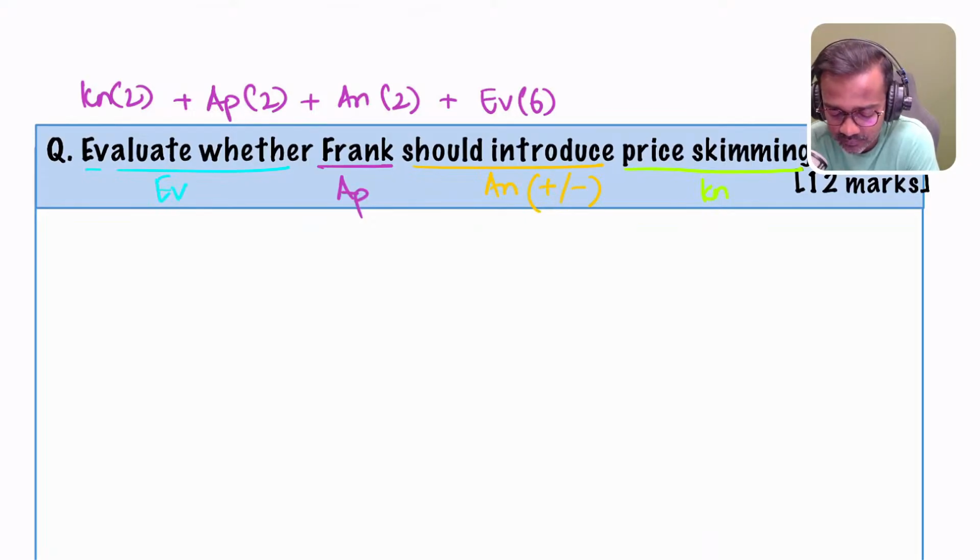Especially when you're answering, let's say, the last case study's 12 marker, you won't have a lot of time and you want to get your evaluation in there as well. So rather than waiting for the final paragraph for all the evaluation to come through, if you're doing it paragraph by paragraph, one line here, one line there, then you're at least taking some chance with it as well.